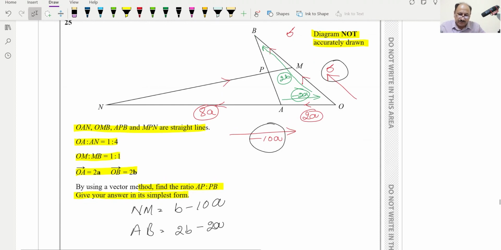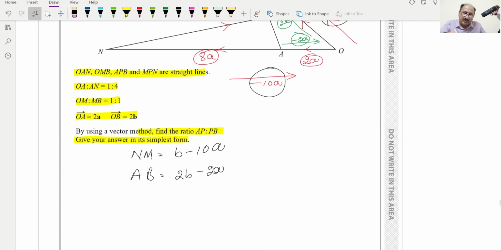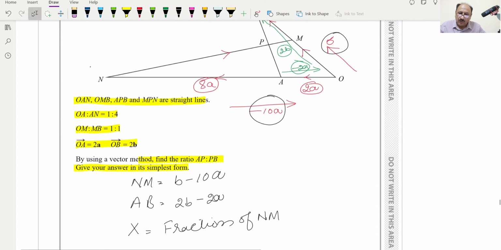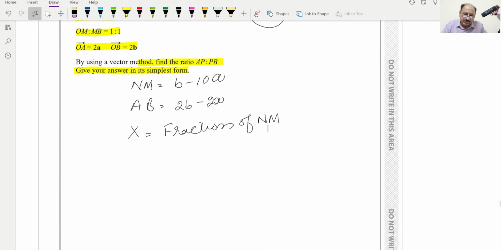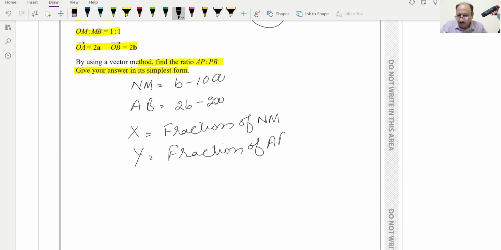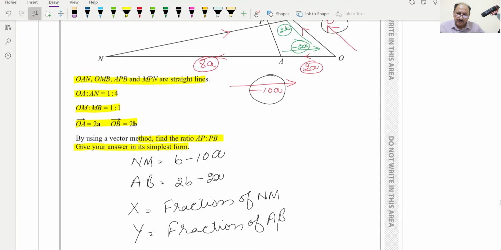Now we take x as a fraction of NM. We already have NM, and we take x as the fraction. And y we can take as a fraction of AB, a part of AB.